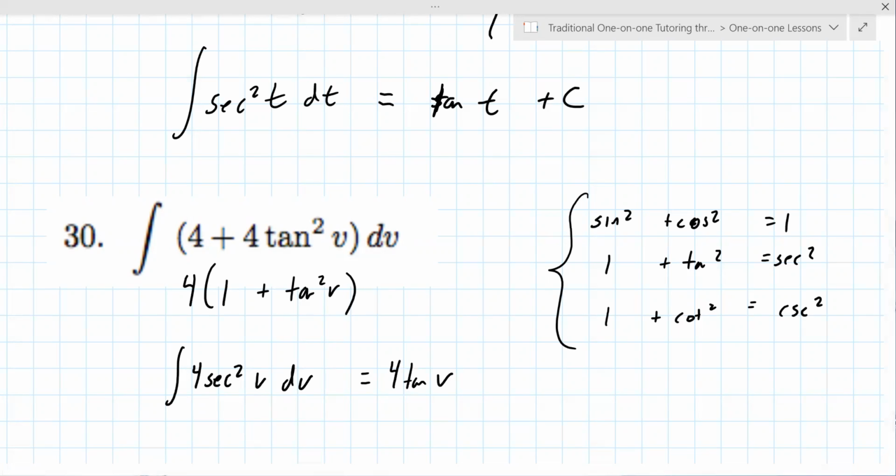Okay. So maybe look at 30. I'm looking at that right column, starting at 29, 31, 32, 33, 34. Any of those stand out to you? 30.